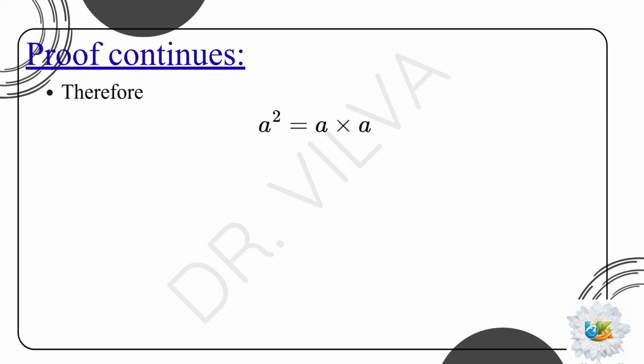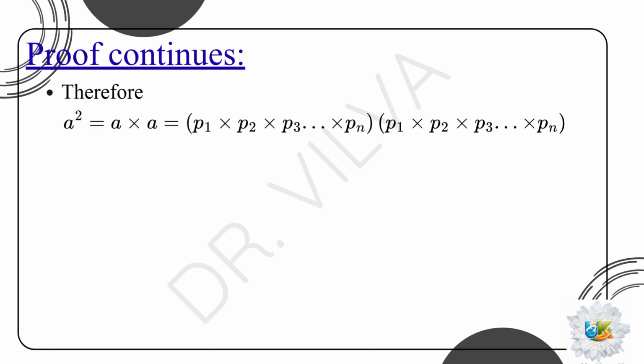We can write a square as a times a, and a is a product of prime numbers p1, p2, etc., pn. Therefore, a square becomes p1 times p2 times etc. pn. This complete product will be multiplied with itself.